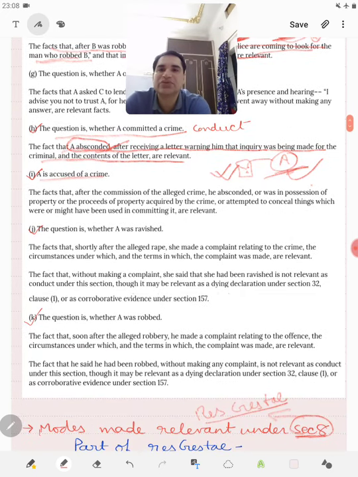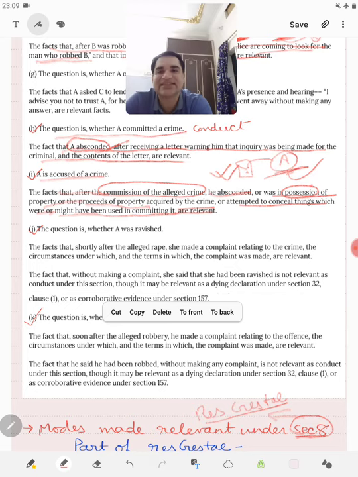Now, A is accused of a crime. The fact that after commission of the alleged crime, he absconded or was in possession of property or the proceeds of property acquired by the crime, or attempted to conceal things which were or might have been used in committing it, are relevant.